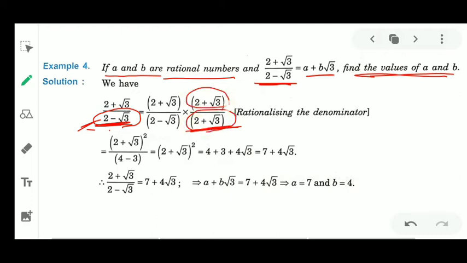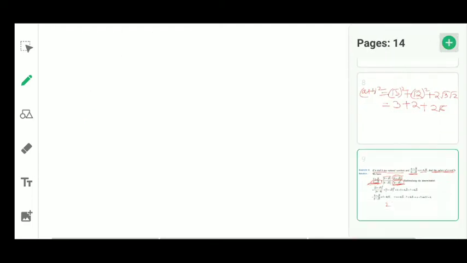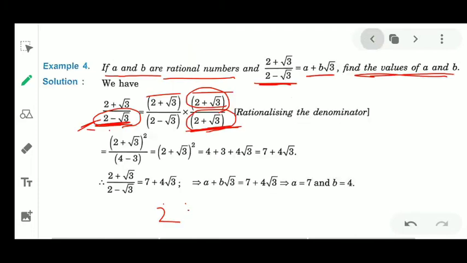The numerator is in the form of a plus b into a plus b. So we have to find out, wait a minute, (2 plus root 3) square, because the numerator is in the form of a plus b into a plus b.